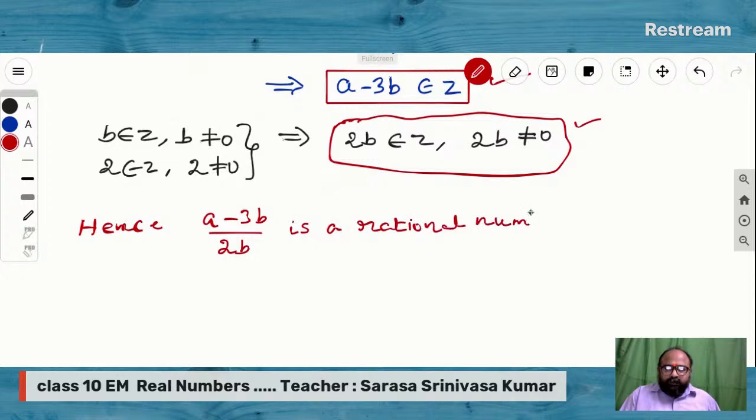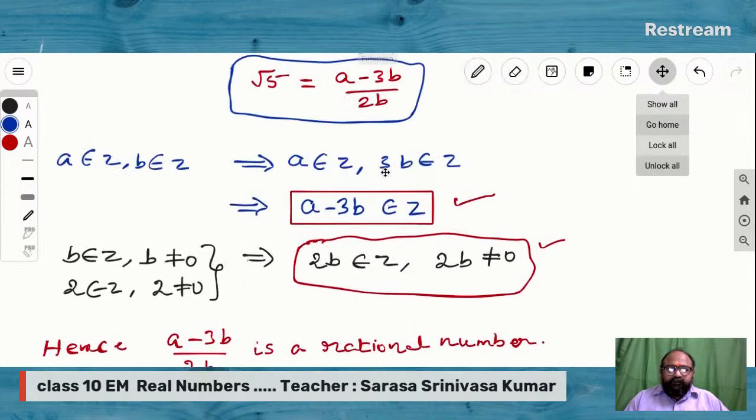That is, we proved that the right hand side term is a rational number. If the right hand side term is a rational number, then the left hand side term must be a rational number. So it implies that the left hand side term, what is the left hand side term? Square root of 5 equal to a minus 3b by 2b.